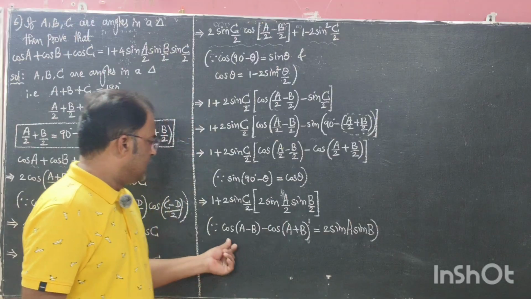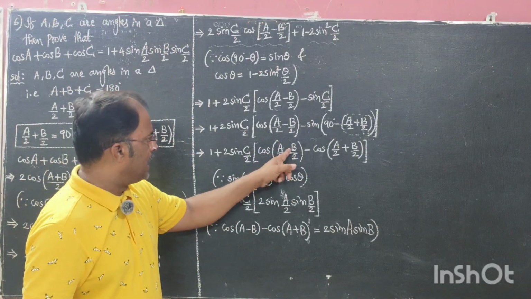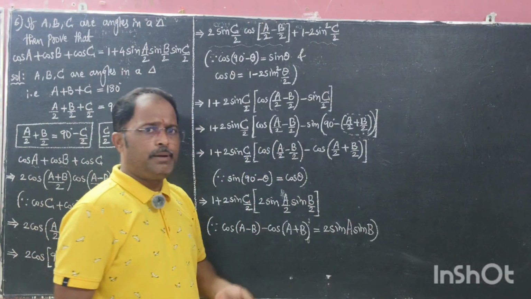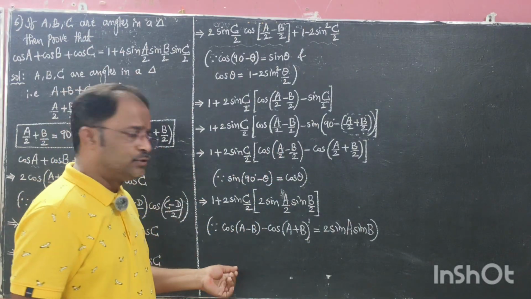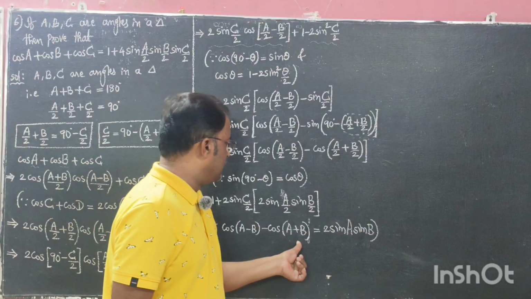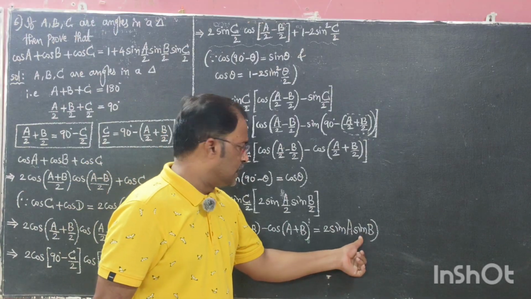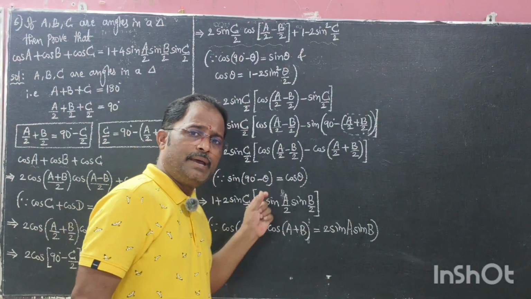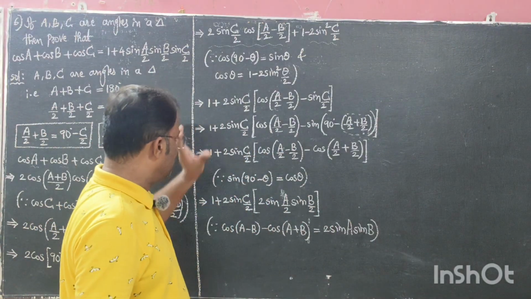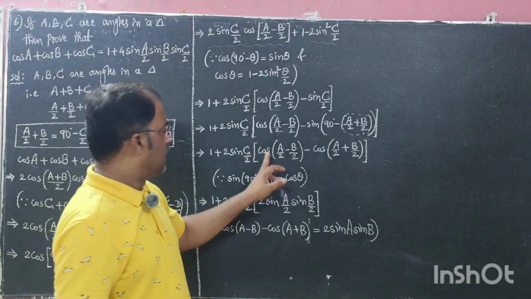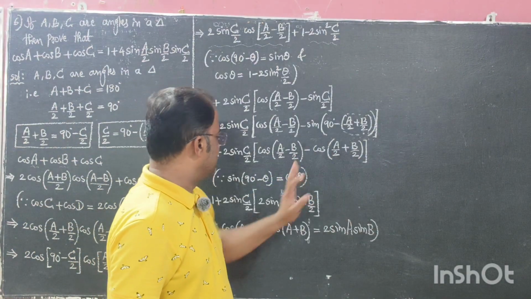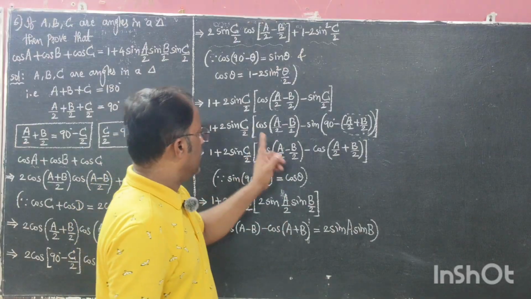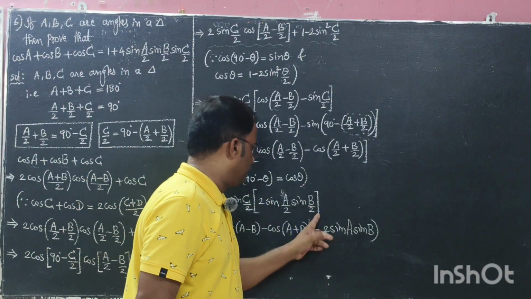Actual formula is in A B terms, means cos of A minus B minus cos of A plus B, answer is 2 sin A sin B. But in the problem, in place of A it is A by 2, in place of B it is B by 2, means treat A by 2 as A and B by 2 as B. Okay, so if A then A by 2, if B then B by 2.